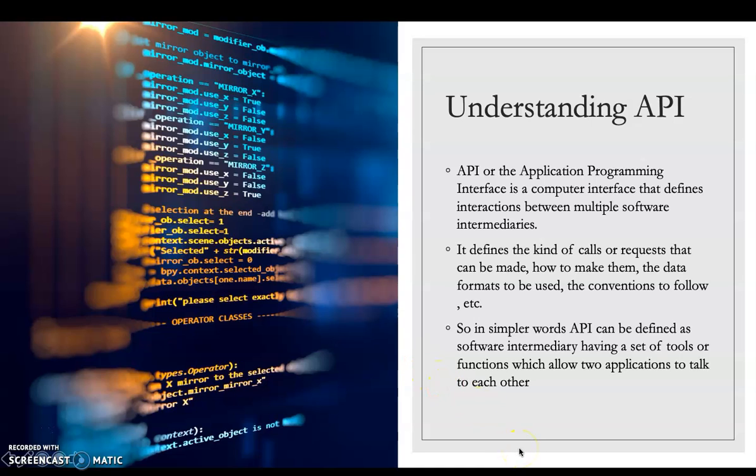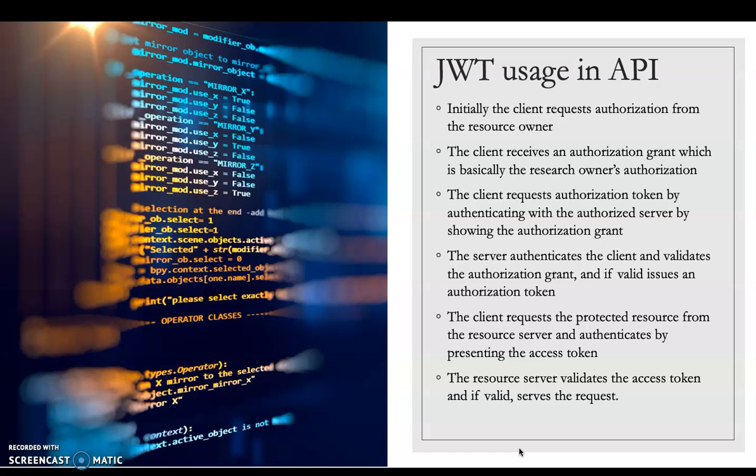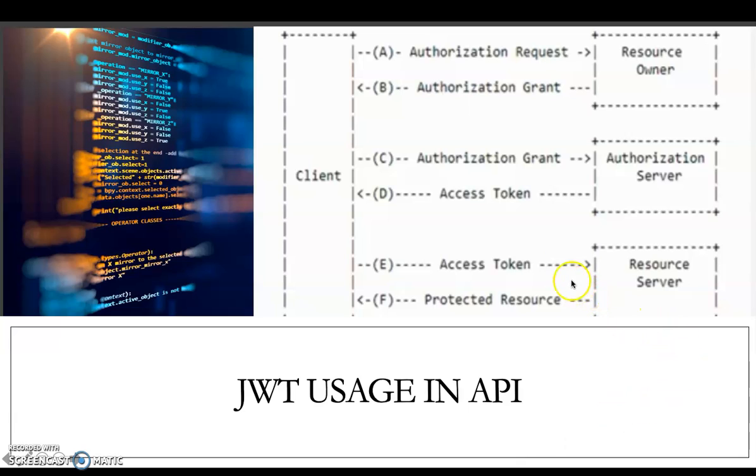Now let's see how a JSON token is used in an API. We'll try to explain it using this diagram. So for the client to access the secret page or to gain authority, the client initially requests the resource owner to gain authority, and the resource owner then gives an authority grant, which is the credentials created for the resource owner authorization.